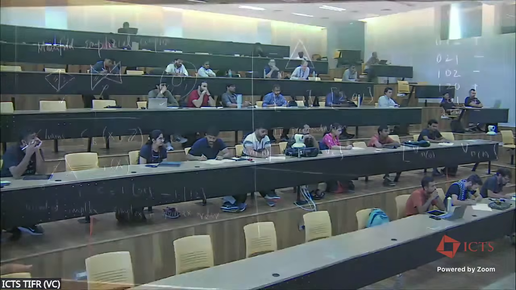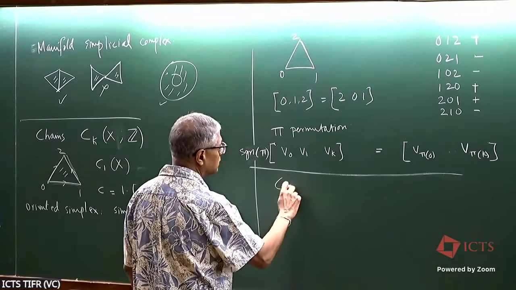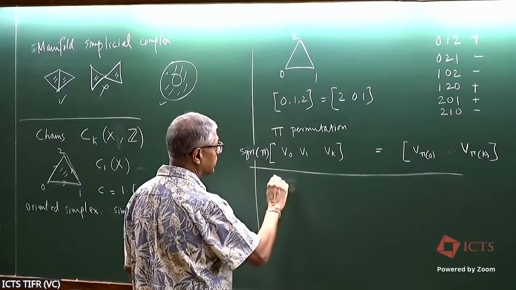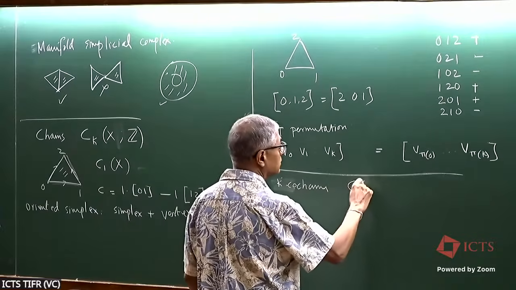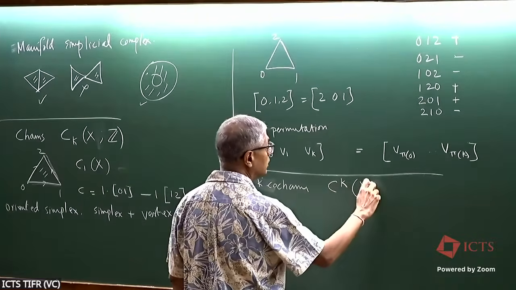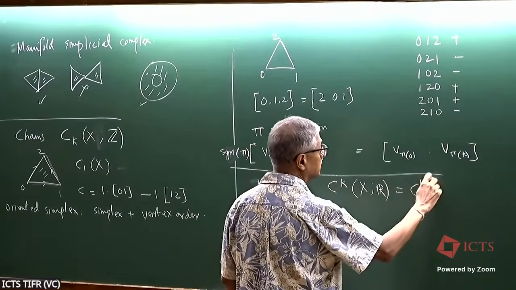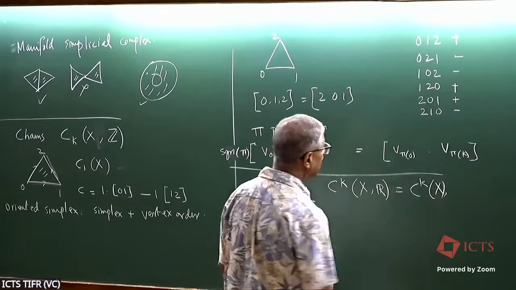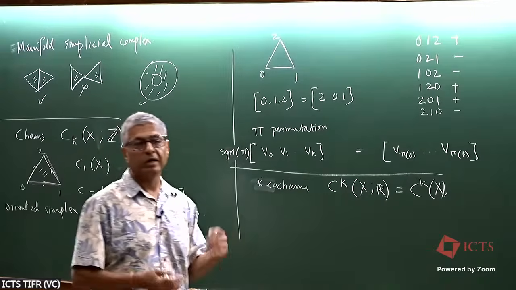The differential forms will be discretized as cochains. So the space of k-cochains, which we will only use real valued, so I will not write the R, will be dual to the chains. The chains form an abelian group: you can add chains and subtract chains.